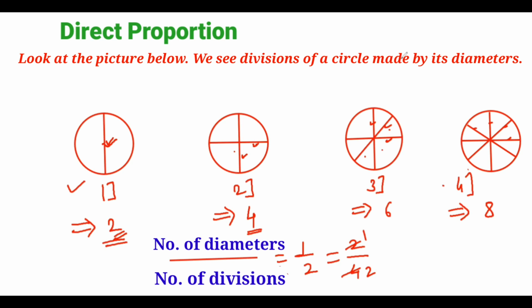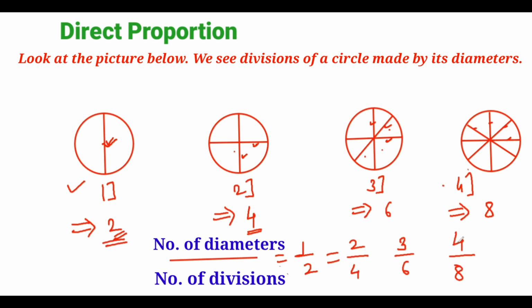Look at the third figure. Now in third figure, there are three diameters and that makes 6 parts, so ratio becomes 3/6. And in fourth figure, 4/8 is the ratio.